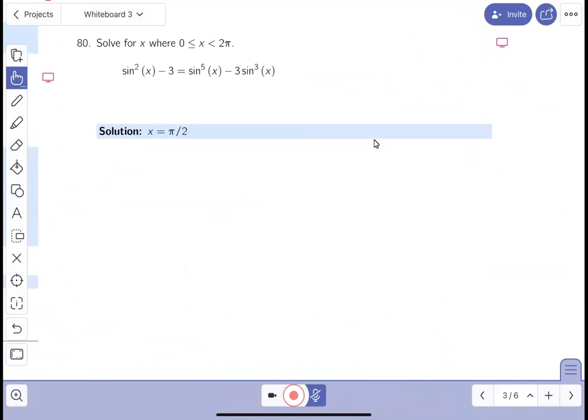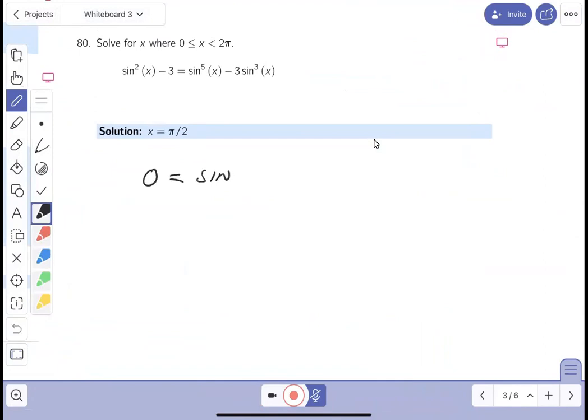I'm hoping it's not going to be tough. I want to point out it can't be tough. I'm going to use the zero product rule if I can factor.